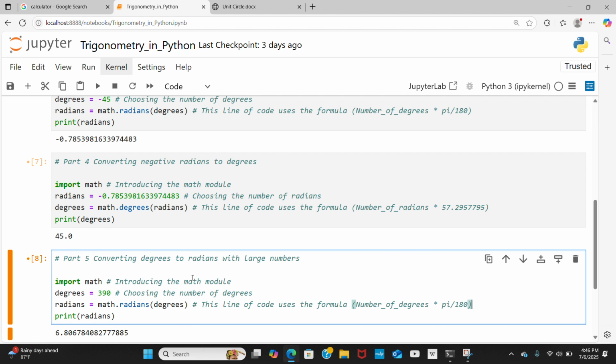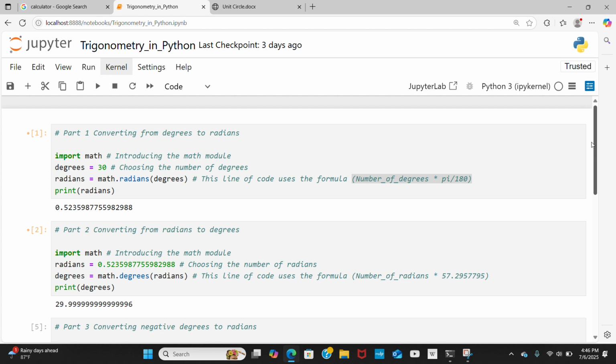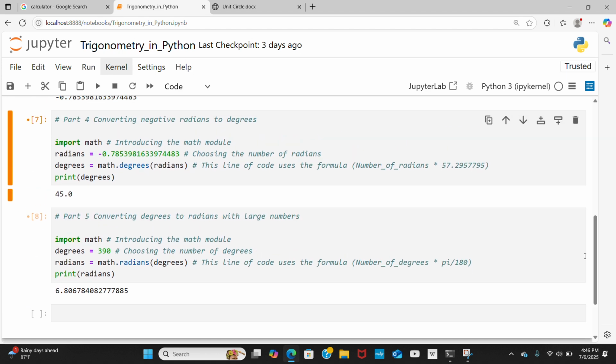For the rest of this section, I'm not going to write all these notes down because, as you can see, you have plenty of examples. This is all really the same thing, the same formatting. You're just using it for degrees to radians, radians to degrees, with negative and large numbers that are on the unit circle officially.